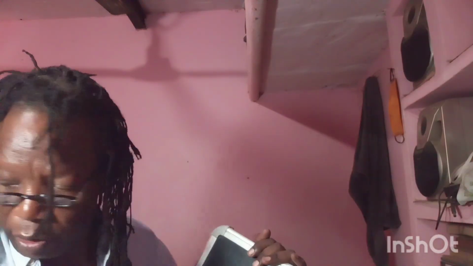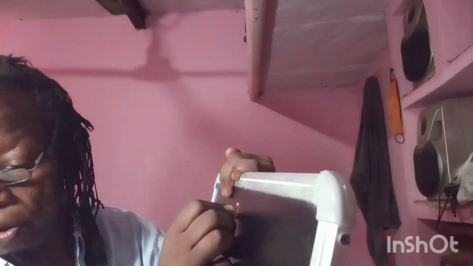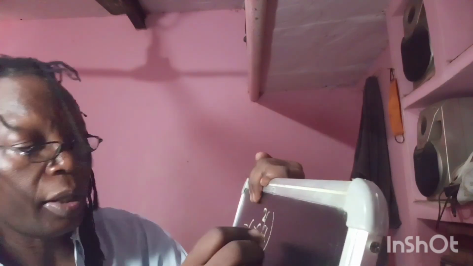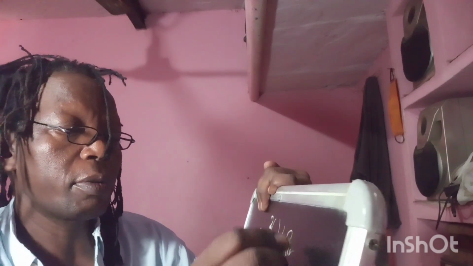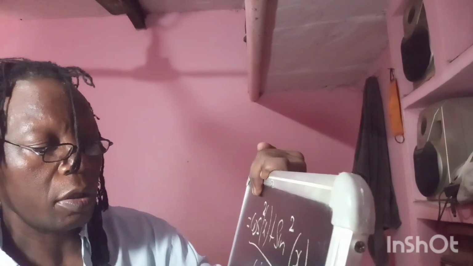Okay guys, I'm taking the chalk. So now this will be equal to cosine squared plus sine squared x, over cosine squared x. I multiplied those two, so you see cosine becomes cosine squared.